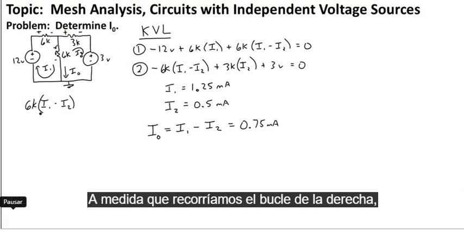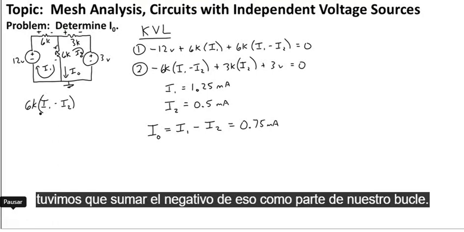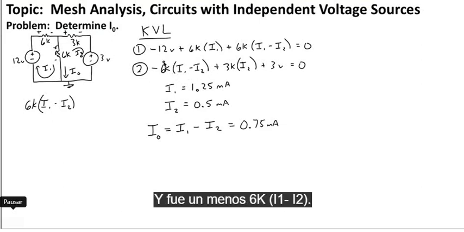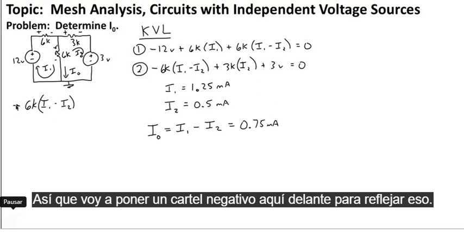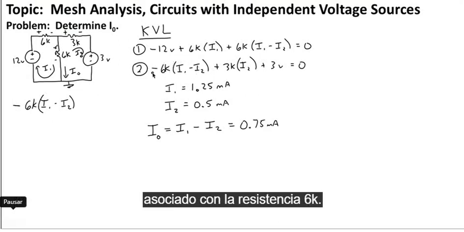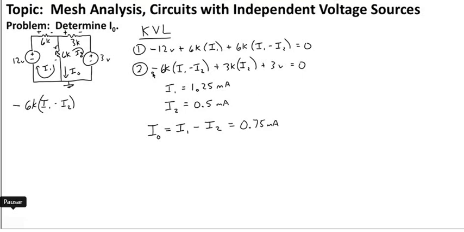As we go around the right-hand loop, we had to add up the negative of that as part of our loop. It's the very first term in our second equation. And it was a minus 6K (I1 minus I2). So I'm going to put a negative sign out here in front to reflect that. So that's our voltage drop as we go around the second loop associated with a 6 kilo ohm resistor.